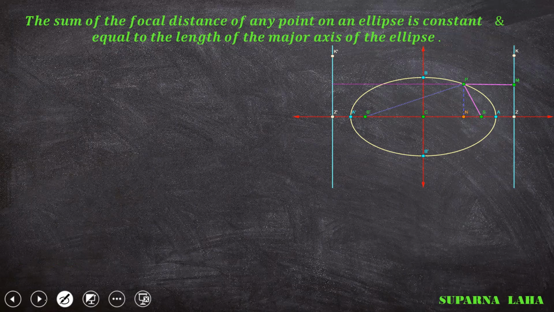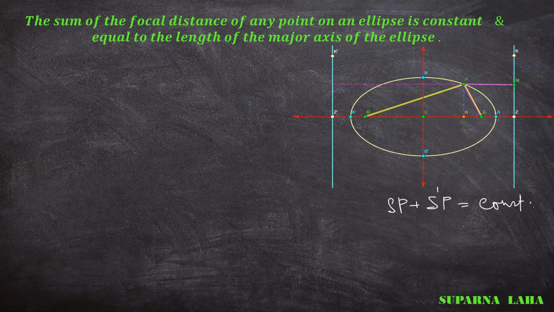That is, if we take a point P on the ellipse, and if we take the focal distances SP and S dash P, and add them, we will find a constant value. We can choose any point on the ellipse.